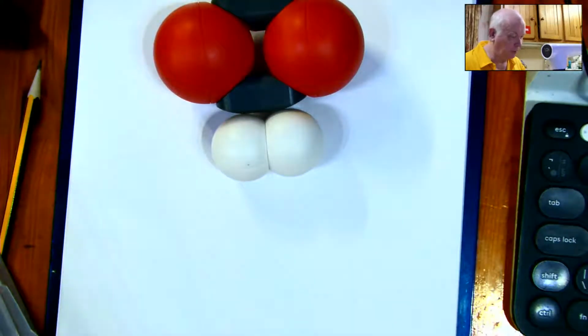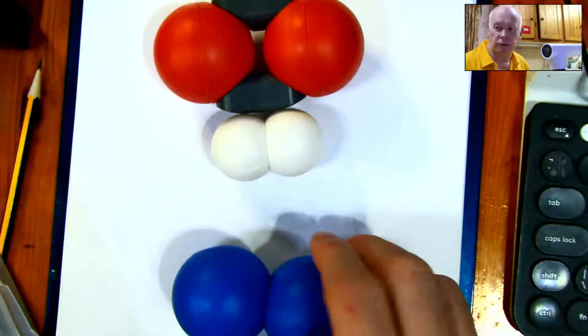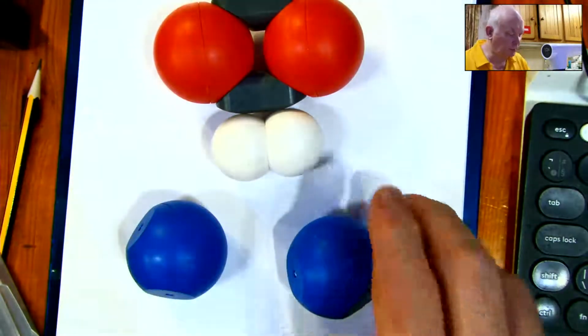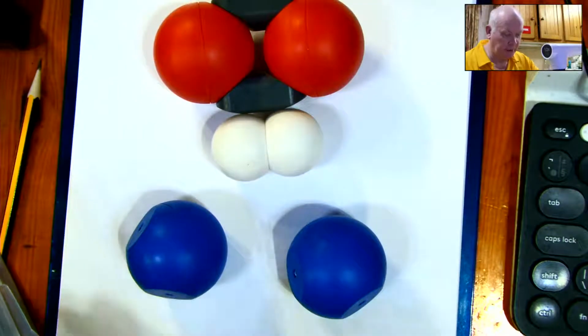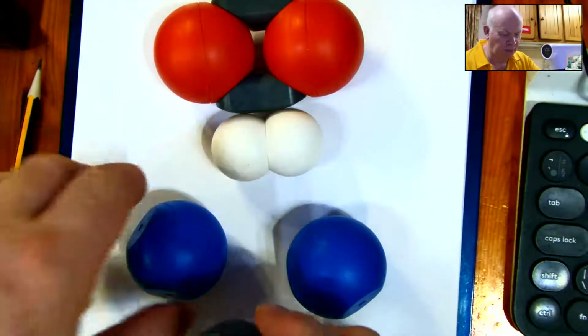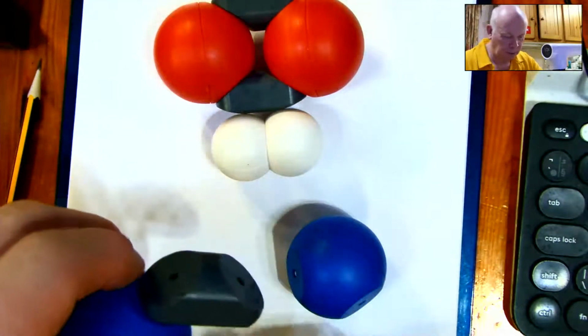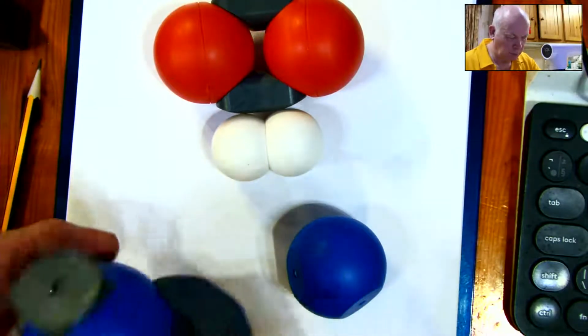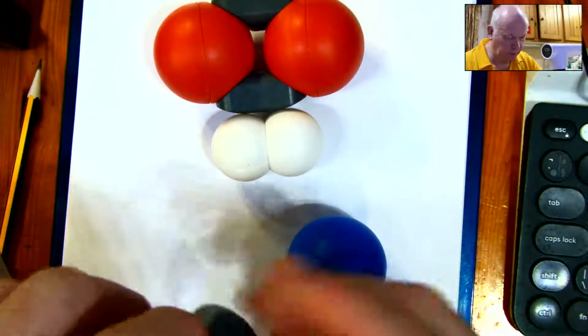We could do the same with perhaps something like nitrogen. Here we have 2 nitrogen atoms. They're chemically combined. So let's put the bond in, and I can arrange these. I will get them right.